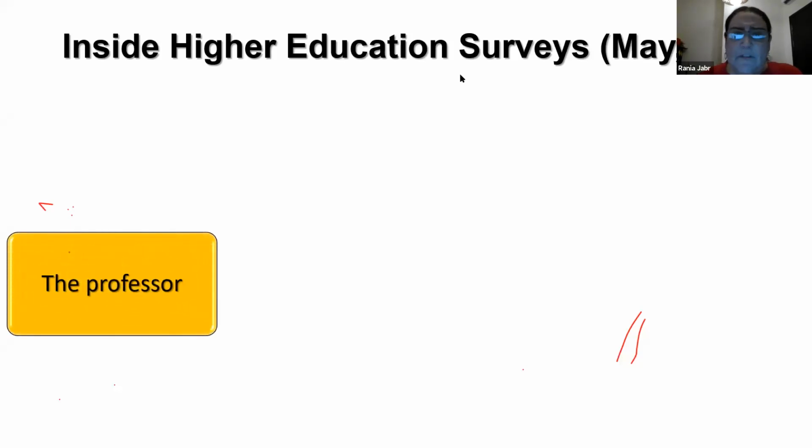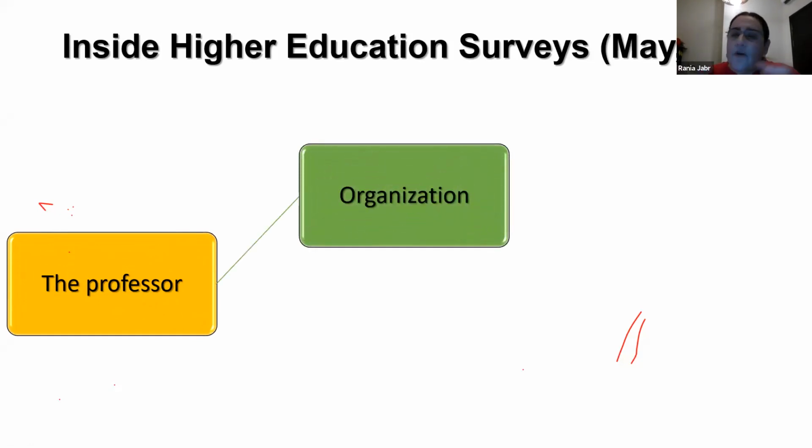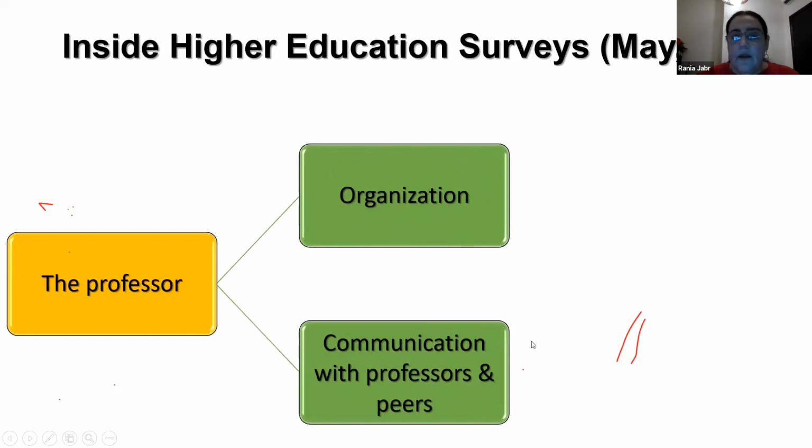They found that the most important thing on students' minds is the professor. Then comes the organization of the professor, whether the professor is organized or not. Then comes how the professor is able to communicate with the students and how the professor allows the students to communicate with each other. So students together, students to professor, professor to students.